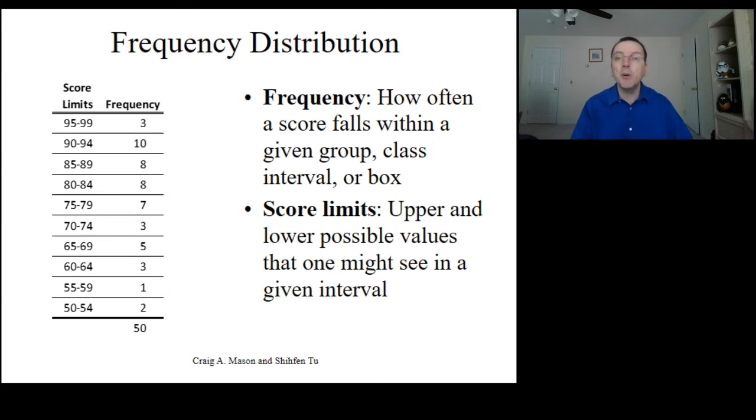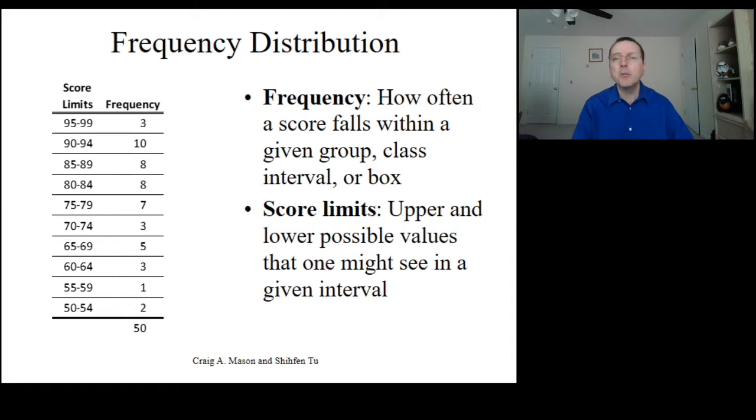Now, the first thing you may notice is that I said my scores range from 52 up to 98, but my groupings or boxes go all the way down to 50 and go up a little higher than the observed scores all the way up to 99. And that's okay. In simple frequency distributions, it's generally best to keep the sizes of the groupings, the width of those intervals, the same, and to have the range of each grouping make some intuitive sense.